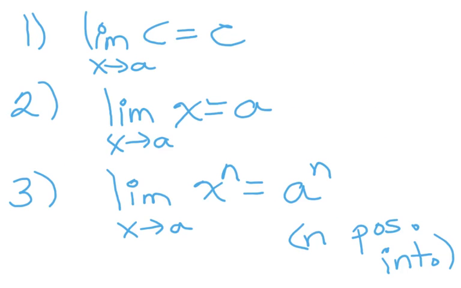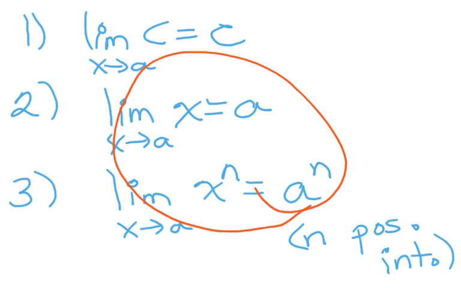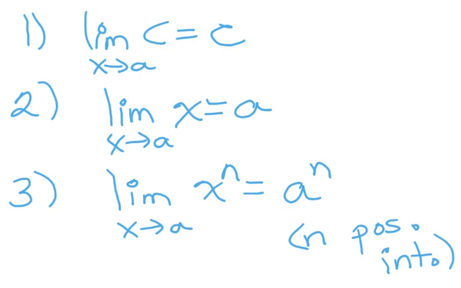And if you look at at least these two rules, it looks like all we have to do is plug in the x is equal to a. There's some constants out here as well.